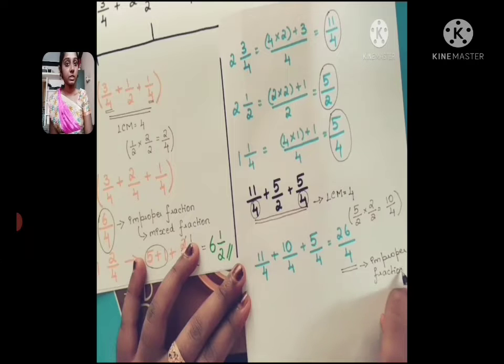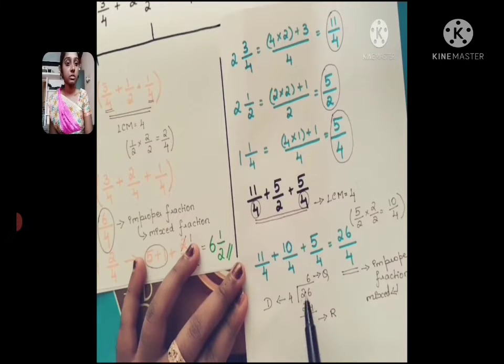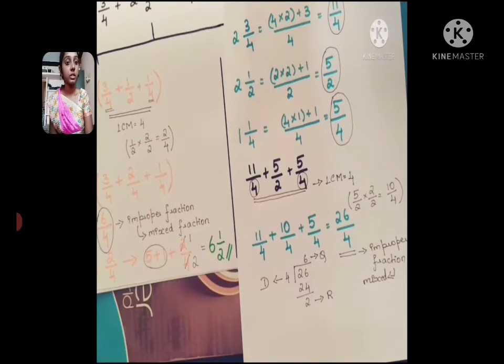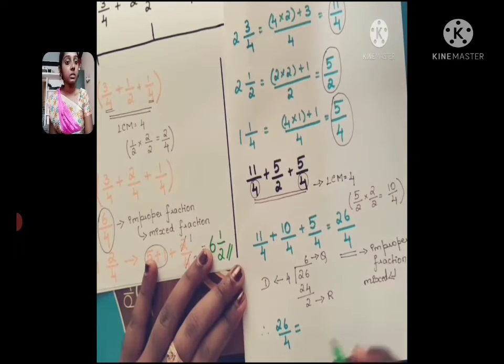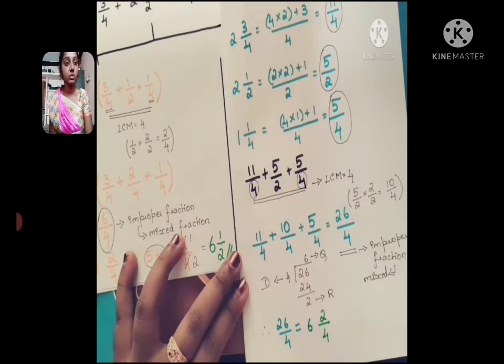So let us convert this improper fraction into mixed fraction. We need to perform division. On dividing 26 by 4, we get the quotient as 6 and the remainder as 2. Arranging this in the form of a mixed fraction, we get 26 by 4 is equal to, the divisor 4 comes in the place of the denominator, the quotient 6 comes in the place of the whole number, and the remainder 2 comes in the place of the numerator.